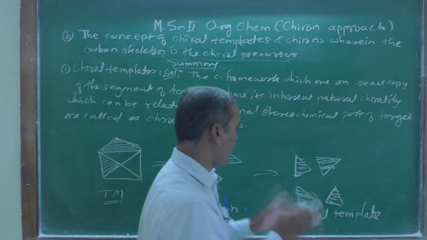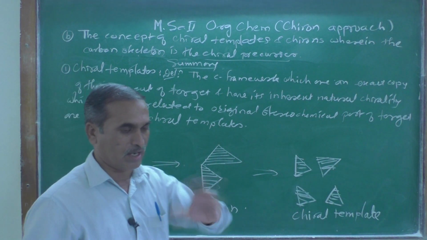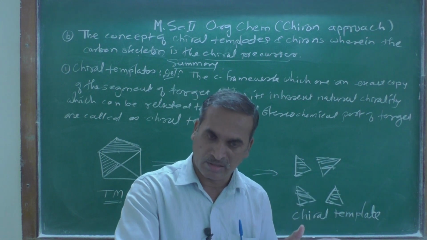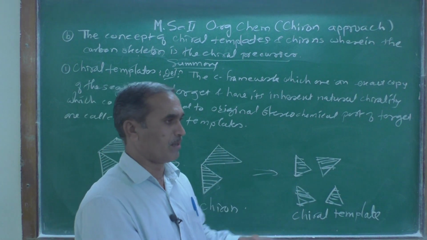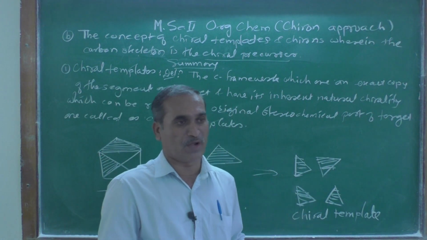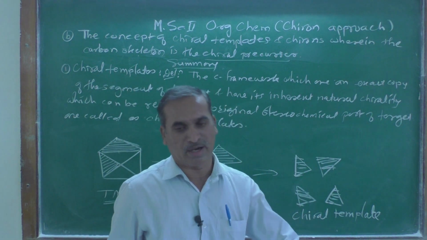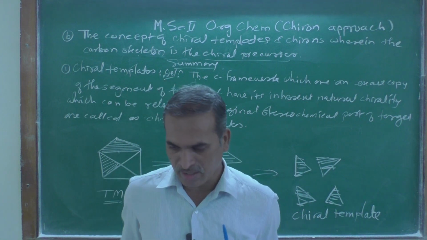Whatever geometries are there in the target molecule, that geometry we can modify. We have seen different methods of how to modify the carbon framework, how we can arrive at and prepare a chiron. And once you get the chiron, you can easily get the target molecule.